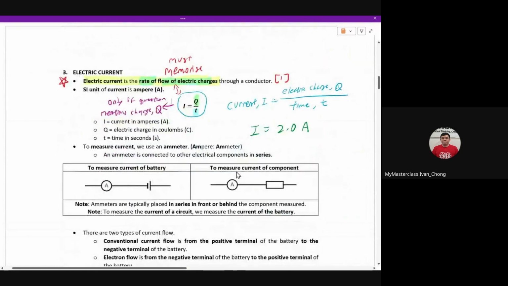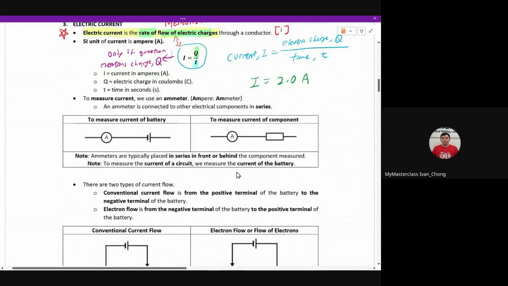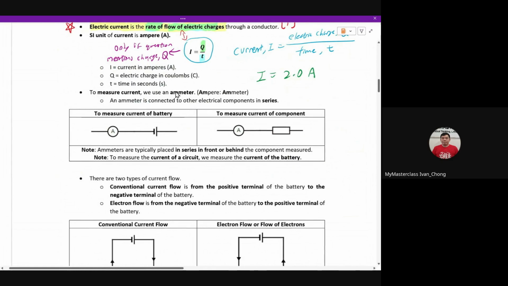How do we measure the current? Because electric current is inside the wire, how can we know its value? We use an ammeter. An ammeter measures amperes, and it must be connected in series.